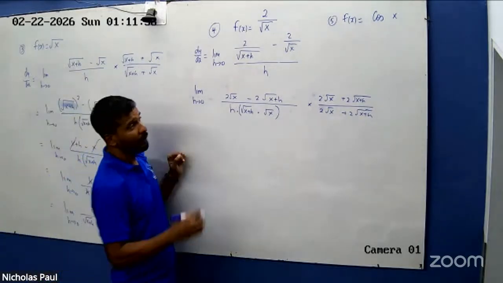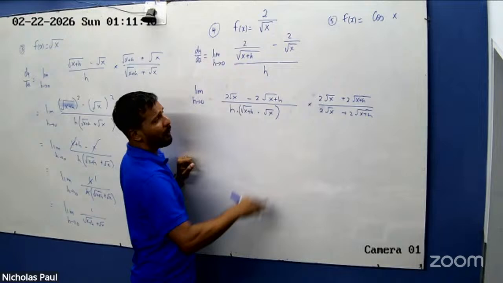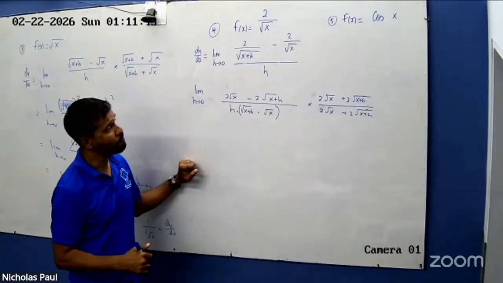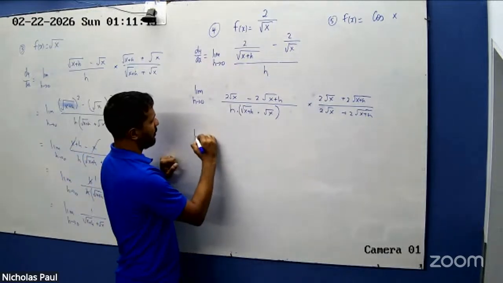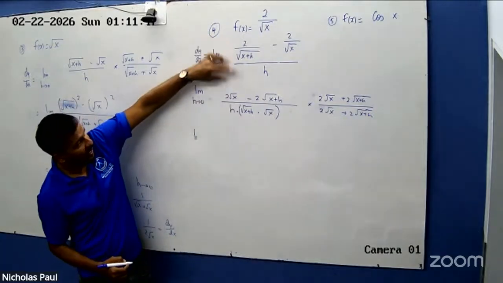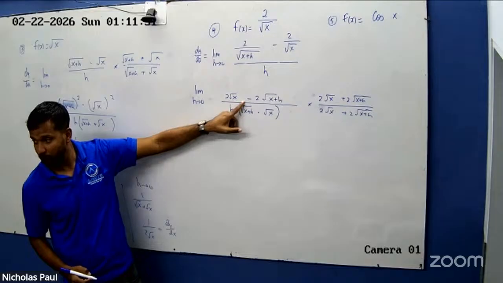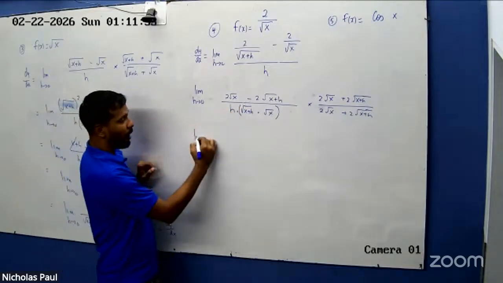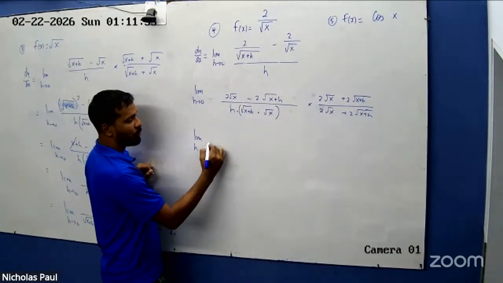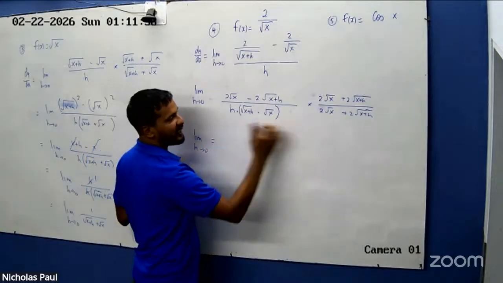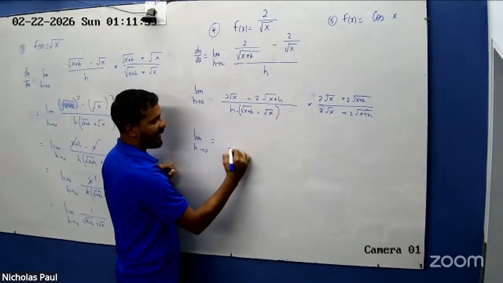When I multiply this here, what will happen? So I simplify, I got this, I multiply by the conjugate of the numerator. So now I'll get the limit as h approaches 0. This by this, I'm not touching it, I'm leaving it as it is.